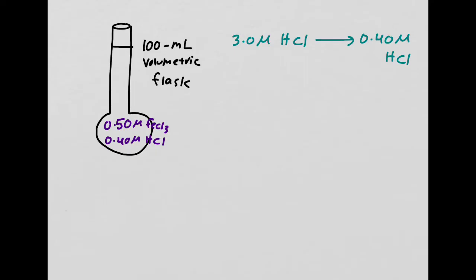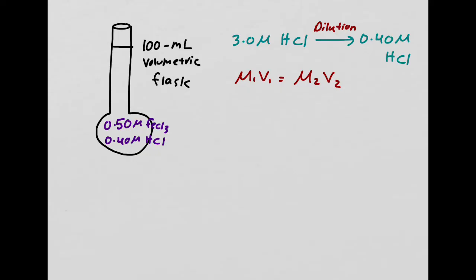You've seen this in a lecture before. The concentration is changing, from 3 molar to 0.4 molar, so what I'm doing here is dilution. And every time we are doing dilution, the formula is M1V1 equals M2V2.